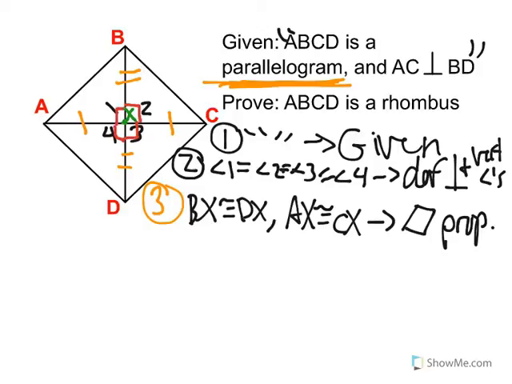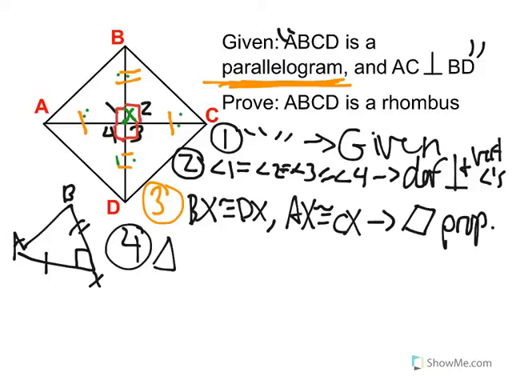So based on that, I have 4 triangles that all have a right angle, so they all have a congruent angle, and they all have the same sets of sides. They all have a double and a single, a double and a single, a double and a single, a double and a single. So that means all 4 of those triangles are congruent to each other.